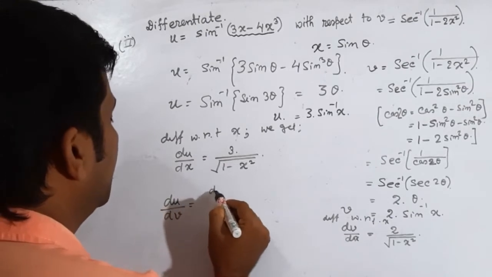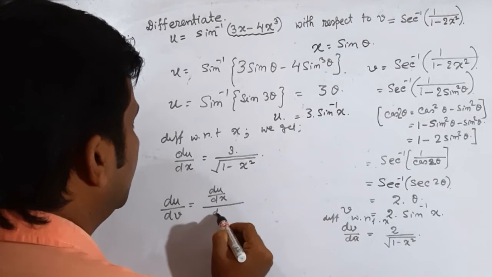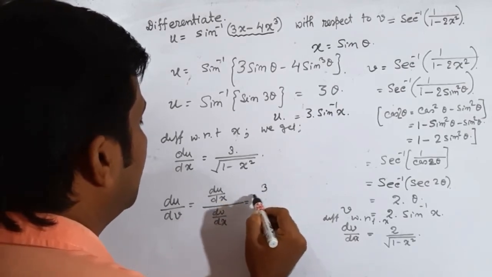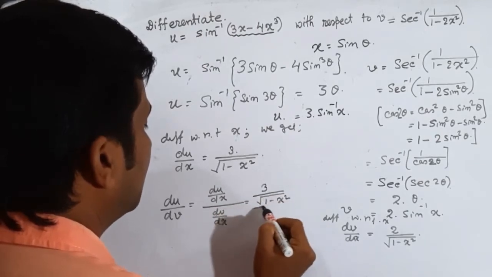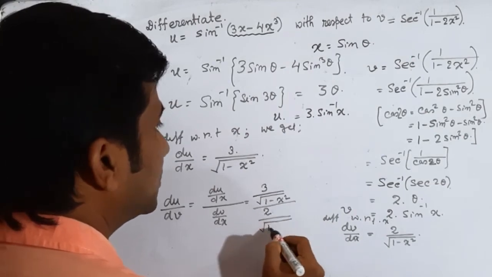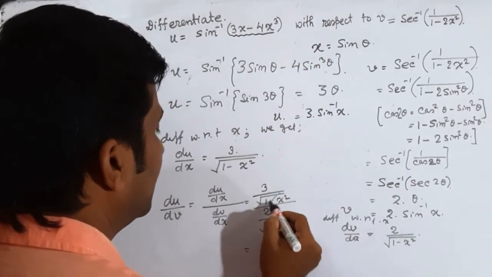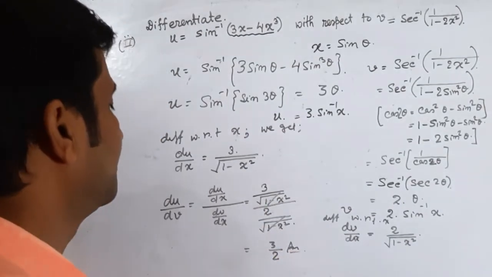That means du/dx by dv/dx. That means 3 by root over 1 minus x square by 2 by root over 1 minus x square. That means cancelling, we get 3 by 2 is your required answer.